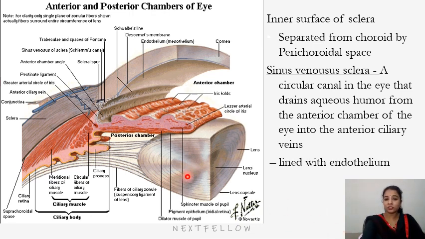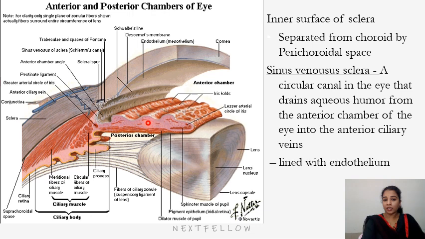So this is the lens, and we can see a cut part of the eye near the sclerocorneal junction. Here is the cornea, this is the sclera, this is the sclerocorneal junction, and we can see the sinus venosus sclera, called the canal of Schlemm, which drains the aqueous humor into veins.